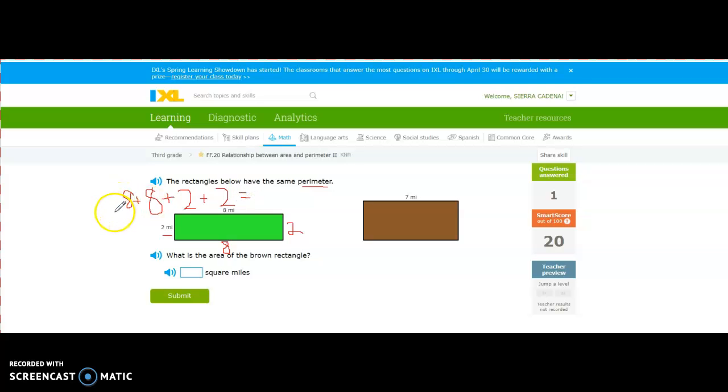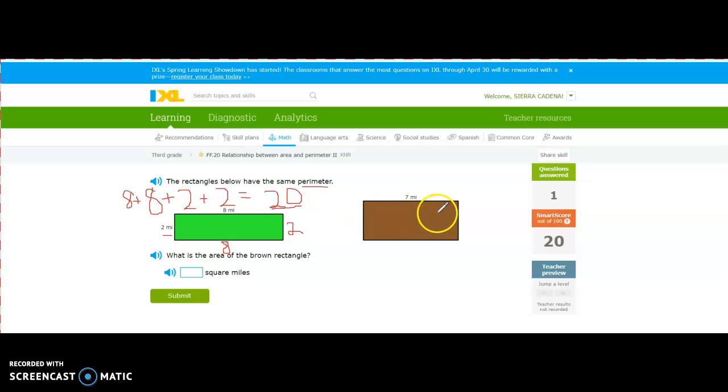I think that's just the way it is. So 8 plus 8, 16, 17, 18, 19, 20. So the perimeter, the length all the way around this green rectangle, if I was to walk all the way around, would be 8 miles plus 2 miles plus 8 miles plus 2 miles, and it'd take me 20 miles to get all the way around this green rectangle.